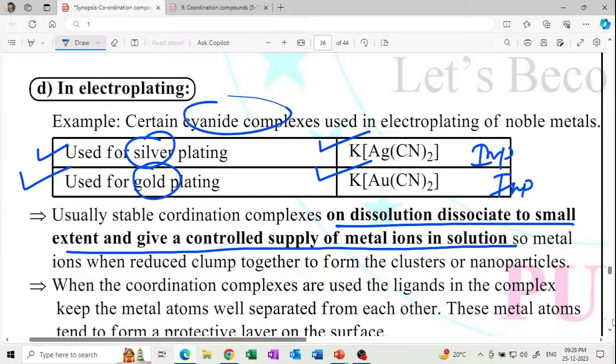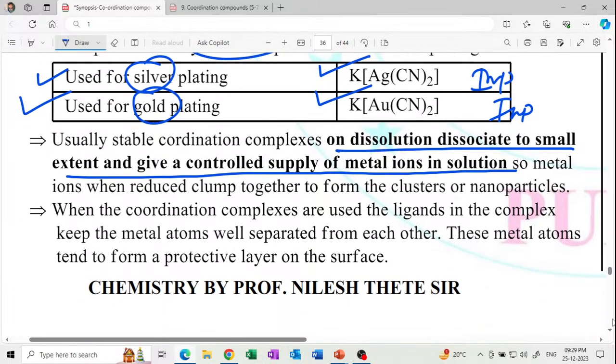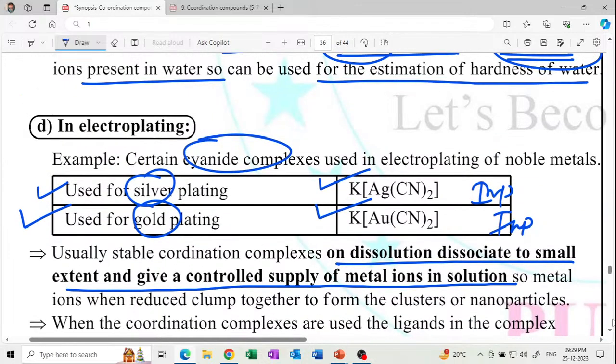Cyanide complexes dissociate to a smaller extent and give the controlled supply of metal ion. So there is a formation of a uniform layer. Get it? So this is related with electroplating. Is there any doubt?